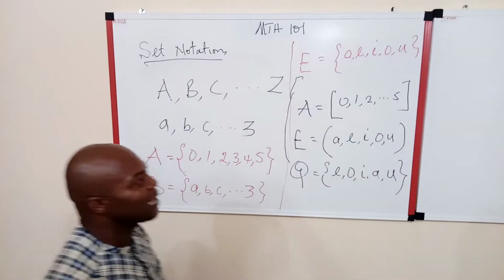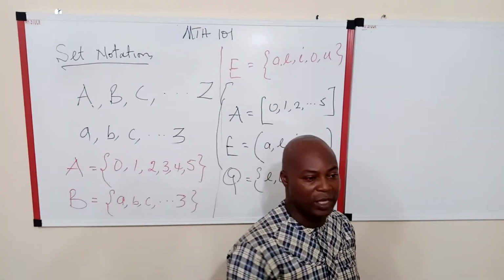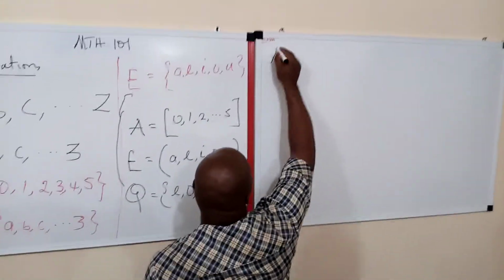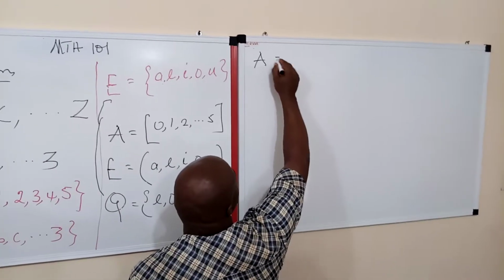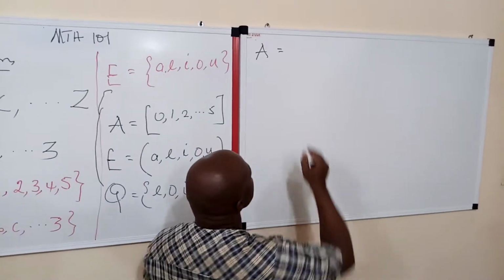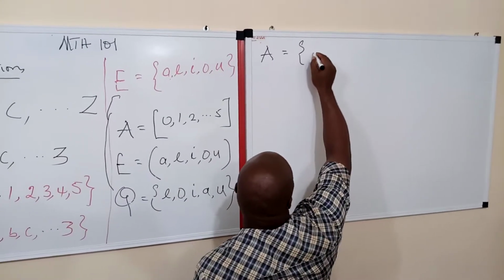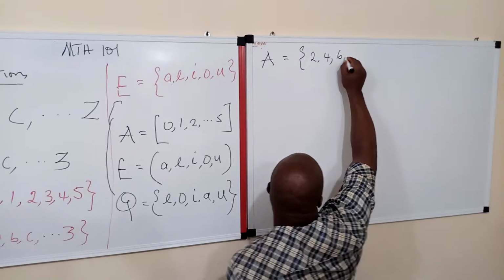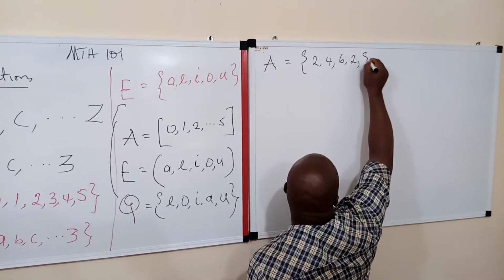Now there is another thing I would want us to note here. Let's consider a set, say A, and we have its elements as 2, 4, 6, 2, 8.